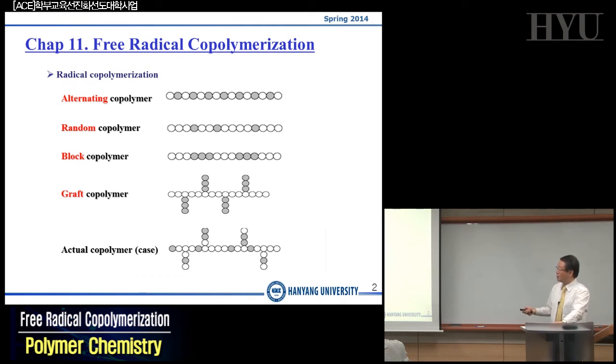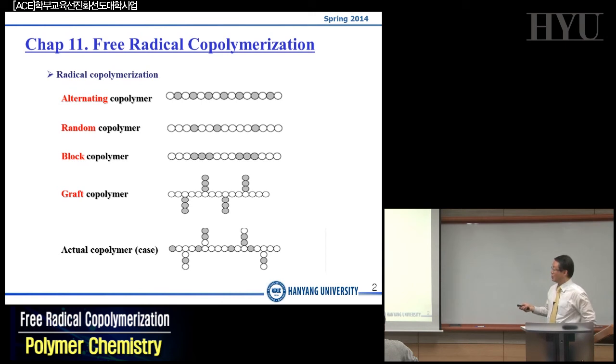Now, the graft copolymer is the one where you have a white backbone, and the side chain might be the black or B monomeric units. This is something like a comb, or a brush, or the hair of your head.